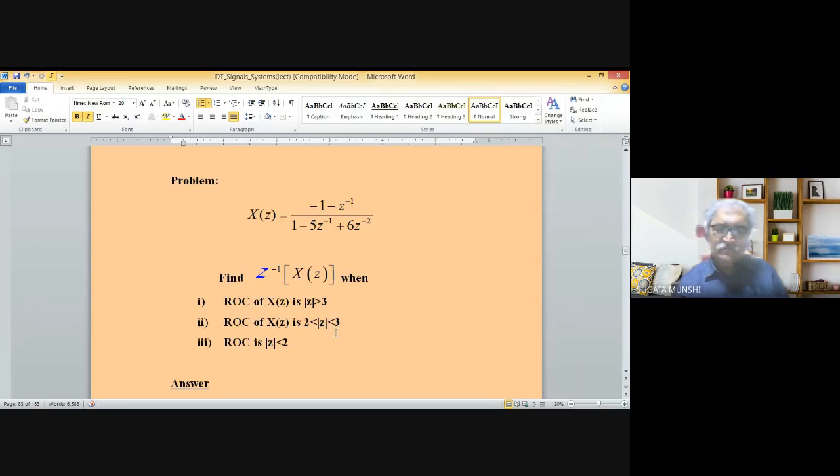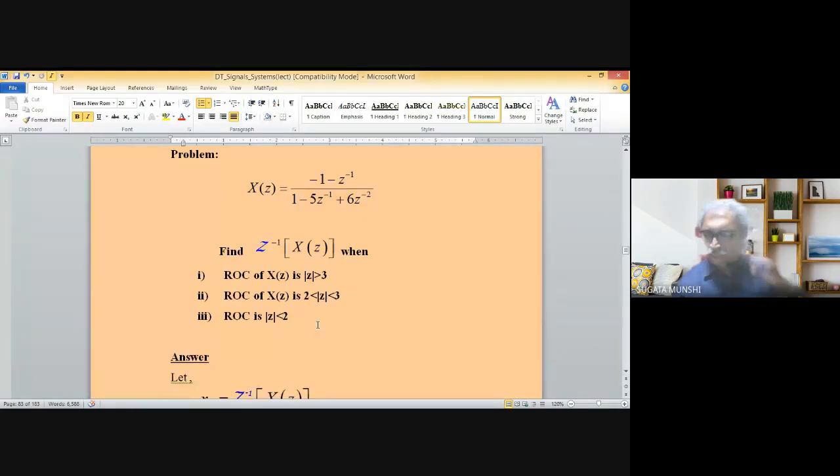There are two boundaries of ROC and ROD in this case, and the poles lie at the two boundaries, one at z equal to 2, another at z equal to 3. So how to proceed? Write down the problem, then I'll proceed.